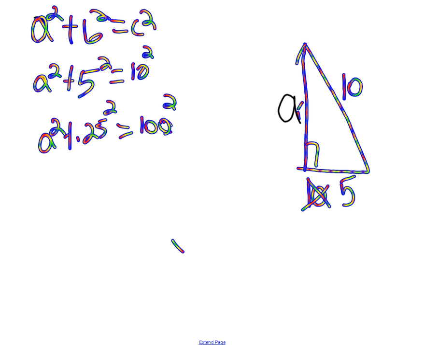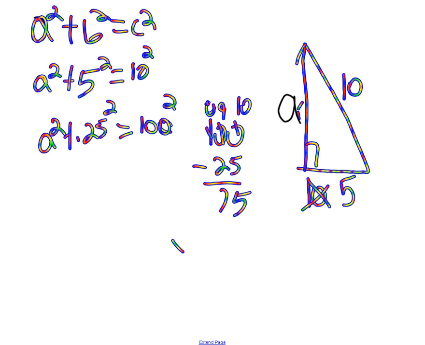Then you do 100 minus 25, which equals 75. So A squared equals 75.